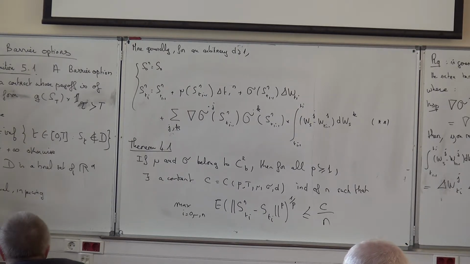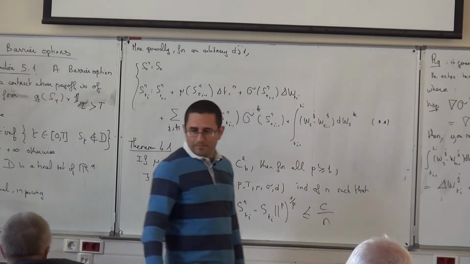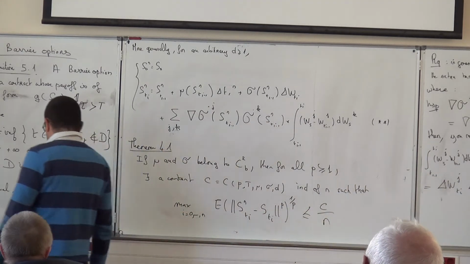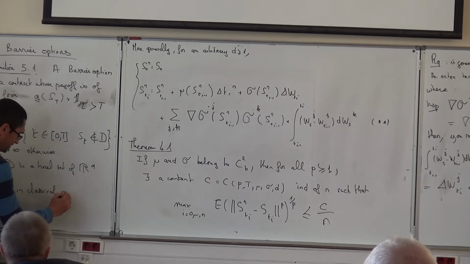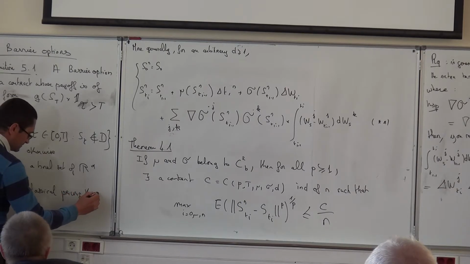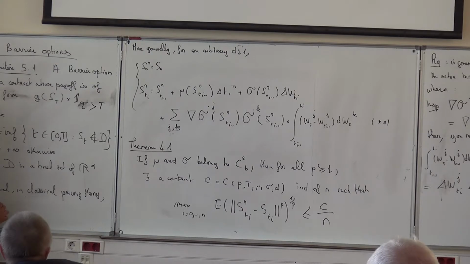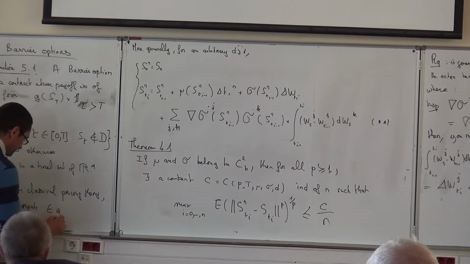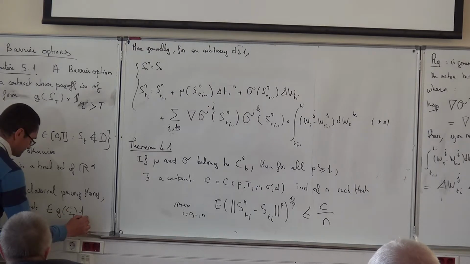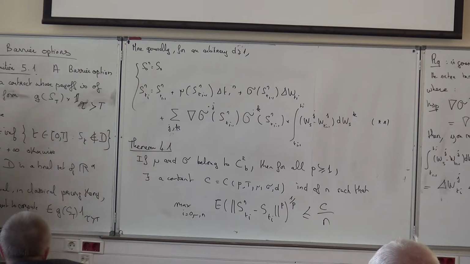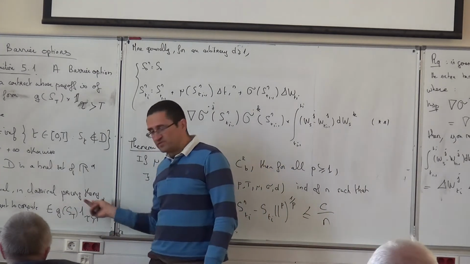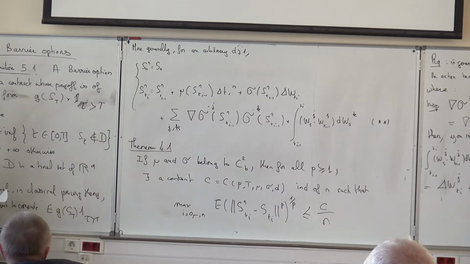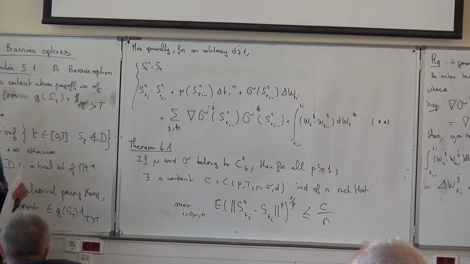But in general, as you know, there is no replicating price, but super-replicating prices. So in classical pricing theory we want to compute the expectation of this payoff, because the price of this claim is the expectation of the discounted payoff, under the risk-neutral probability measure.